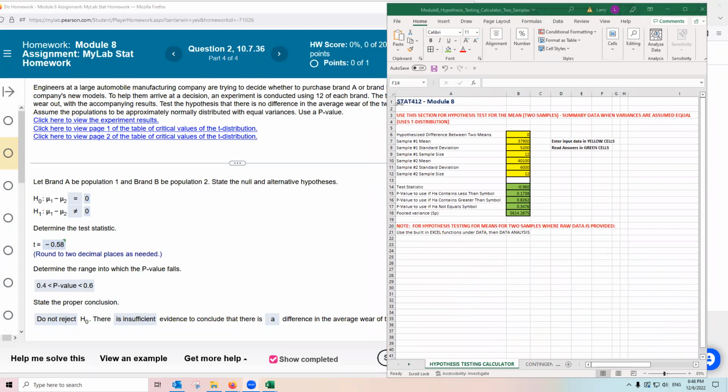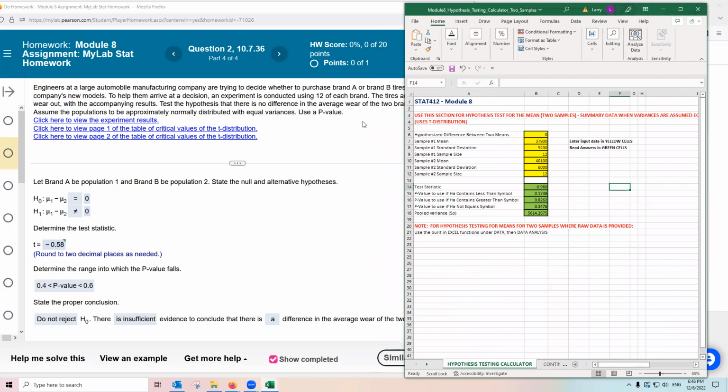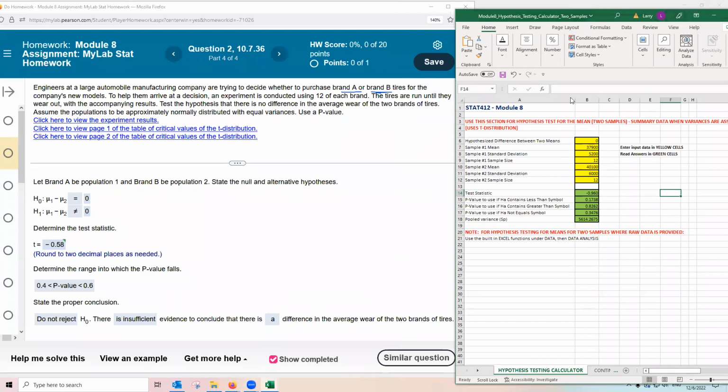This one says, engineers at an automobile manufacturing company are trying to decide whether to purchase brand A or brand B tires. And to help them arrive at a decision, they're going to run an experiment using 12 of each tire brand.